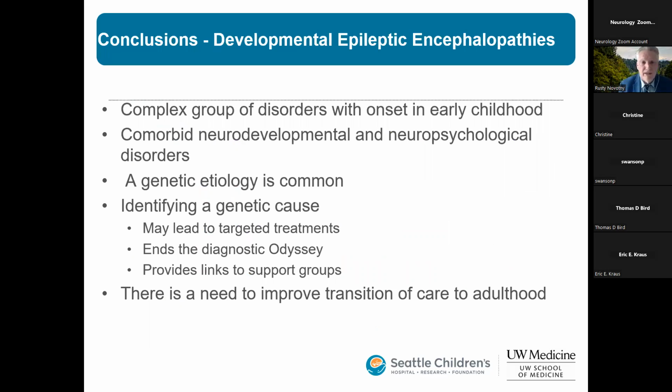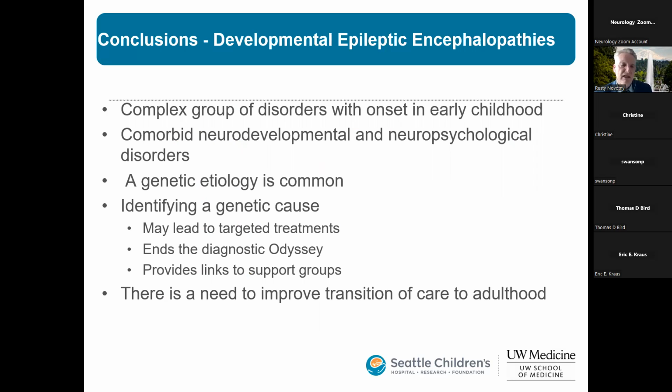So I think, just to wrap up, these developmental epileptic encephalopathies are a complex group of disorders that typically have early onset in early childhood, but can have onset at many different ages. They often have comorbid neurodevelopmental and cognitive problems.